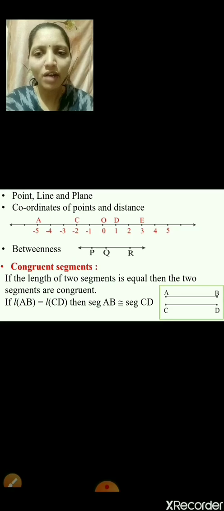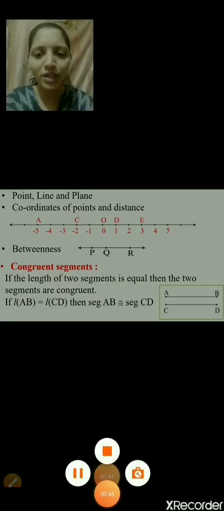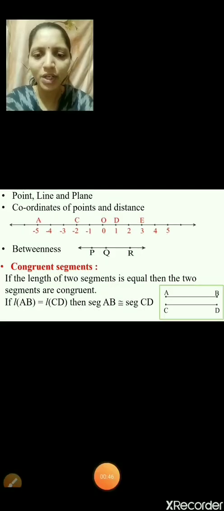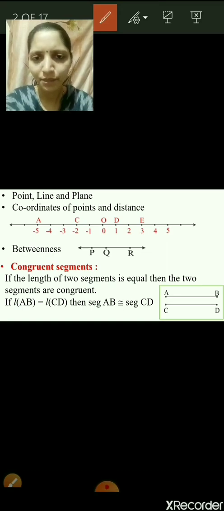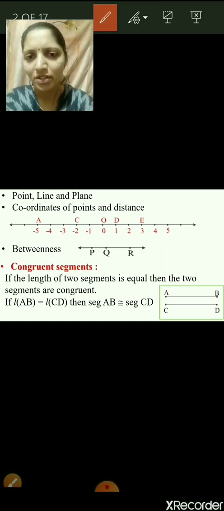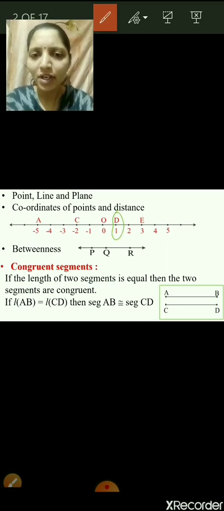Then you have learned about the coordinates of points and how to find the distance between any two points. Here I have drawn one number line. On that I have selected some points. Let's see point D. What is the number denoted by point D?